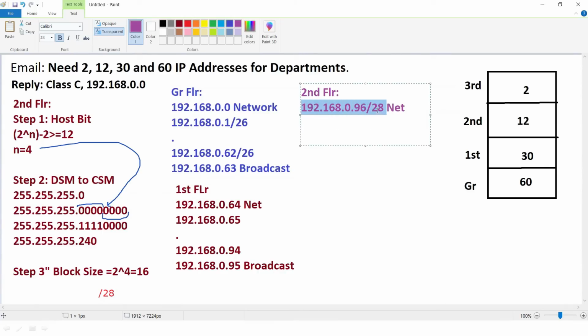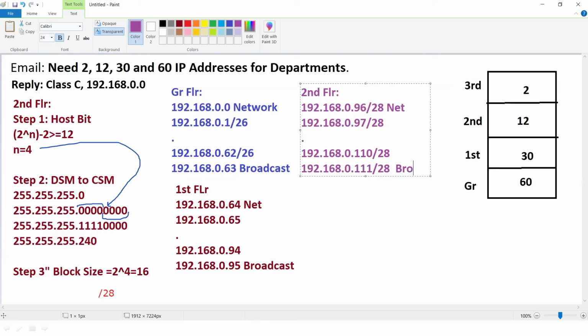Then 192.168.0.97. This will be the first valid IP. Then, after counting up to 15 values, the next value will be 110. And the last value will be 111. So this will be the last valid IP according to the calculation. So this will be our broadcast.